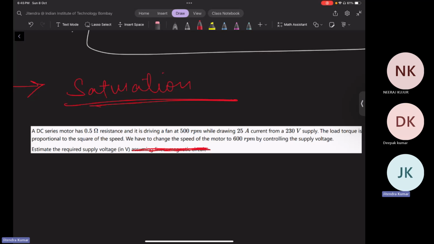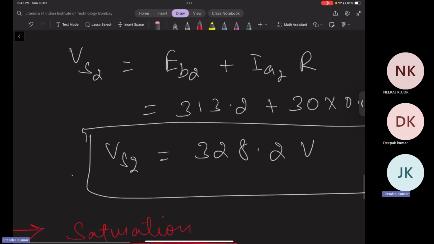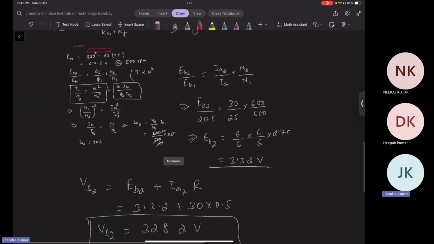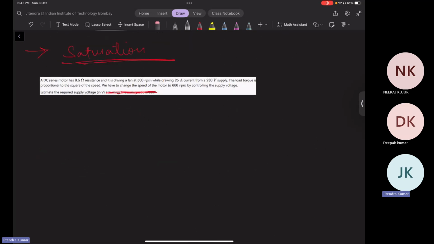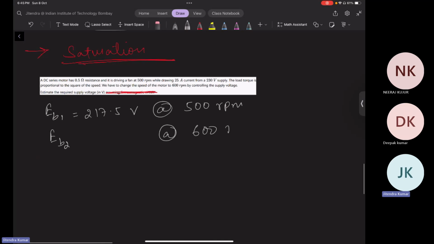So first we must calculate the back EMF for the new case. The back EMF for the initial case, EB1, we calculated as 217.5 volt at 500 RPM. Now EB2 at 600 RPM will be how much?